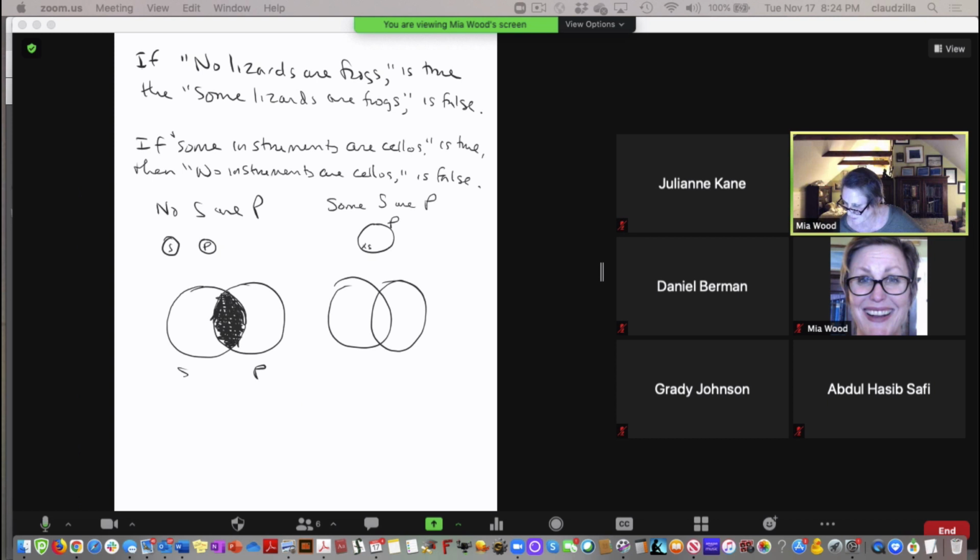There's no here. But some S are P just says there is at least one S that is a P, so you've got an X in the area of overlap. So no S are P and some S are P are contradictories.